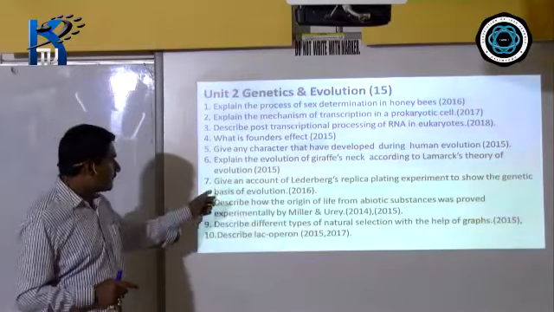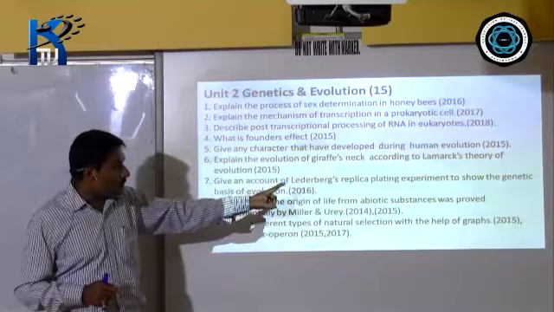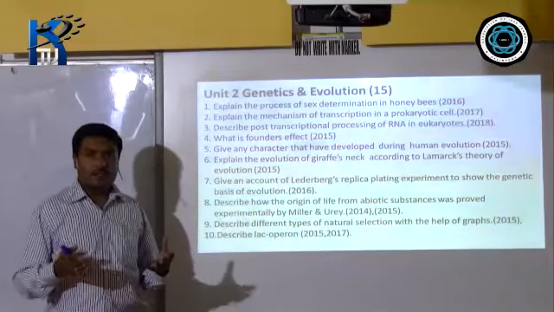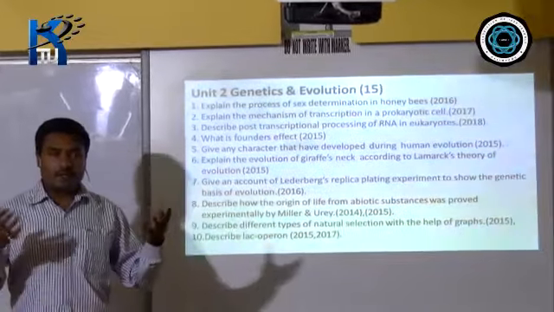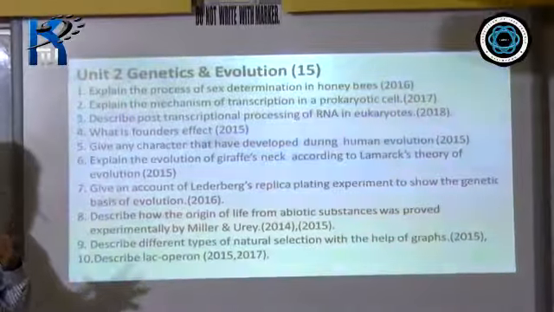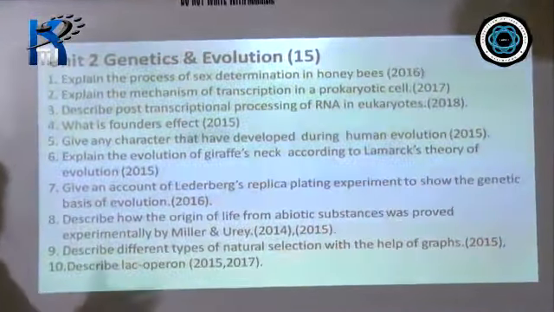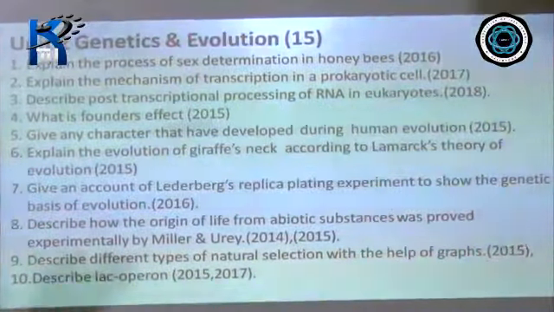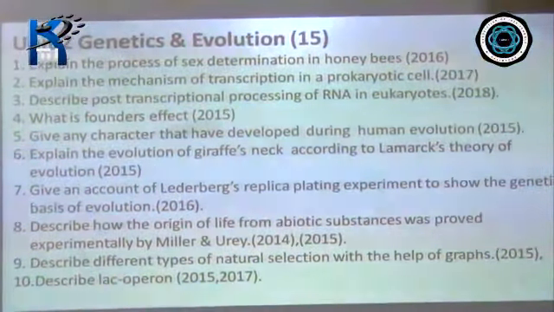Number 7, give an account of Lederberg replica plating experiment to show the genetic basis of evolution. Bacteria and other organisms have resistance, and how do they cope with the environment, whether the environment has an effect on them or not, and how this results in evolution.